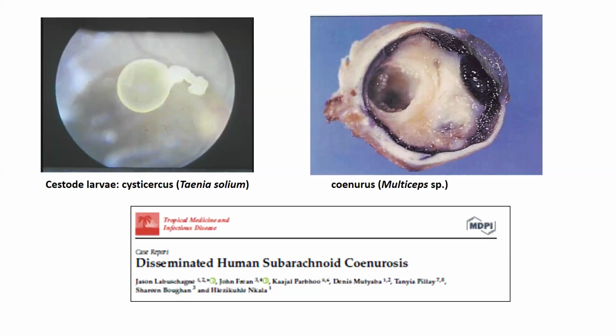So we haven't seen a case of eye infection with the coenurus, but we have helped with the diagnosis of a couple of cases of neurocoenurosis, where the coenurus has been in the central nervous system in the form of a type of racemose or subarachnoid infection, where we were able to show, in fact, first cases of a species called Taenia, I forget the name.